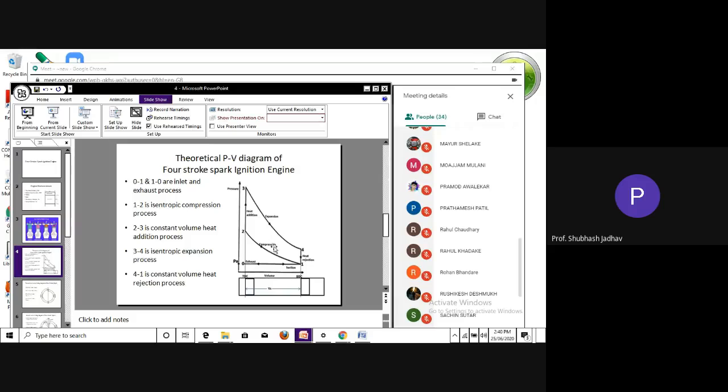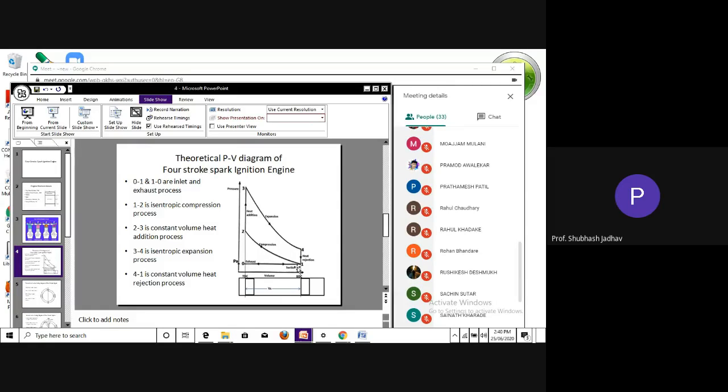This is the theoretical thermodynamics, and this is your actual thing. When the piston is moving from TDC to BDC, the volume was increasing, correct? Piston was moving from top dead center to bottom dead center. Volume increased, but the pressure remains constant. That is why this line was horizontal.